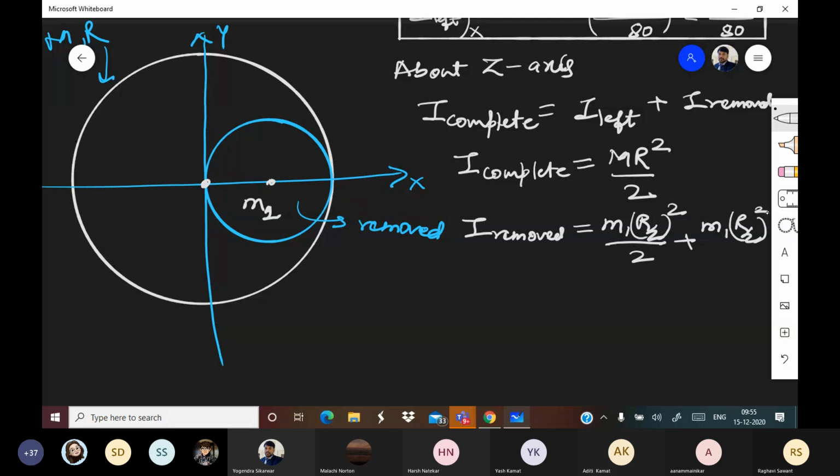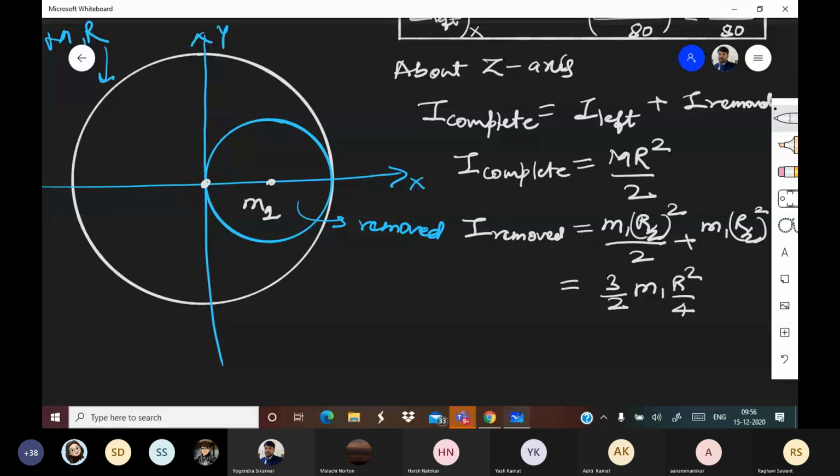So basically that will be 3 by 2 m1 into (R by 2) whole square. So basically it can be written as R square by 4. Now the question arises, how much is m1?